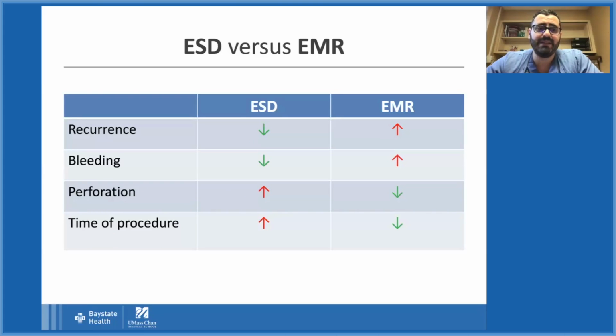On the other hand, the perforation risk and the time of the procedure will be much higher than EMR. EMR, on average, for a fairly big size polyp, will probably take like an hour or 90 minutes. Versus ESD might take 3 or 4 hours. So a huge time difference.